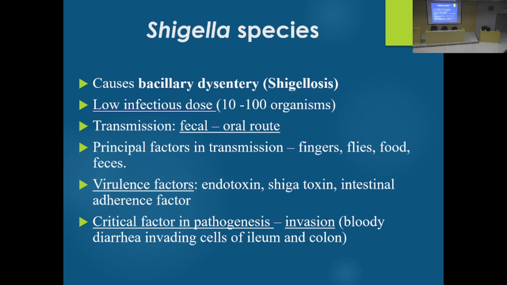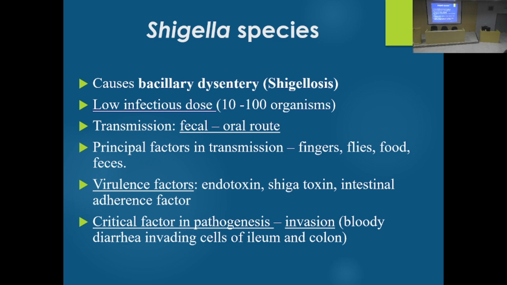And the second point that you note here is, for this bacteria to cause infection, just 10 to 100 organisms are sufficient. There are some bacteria which require 1000 or 10,000. Okay, so this is called the infectious dose.